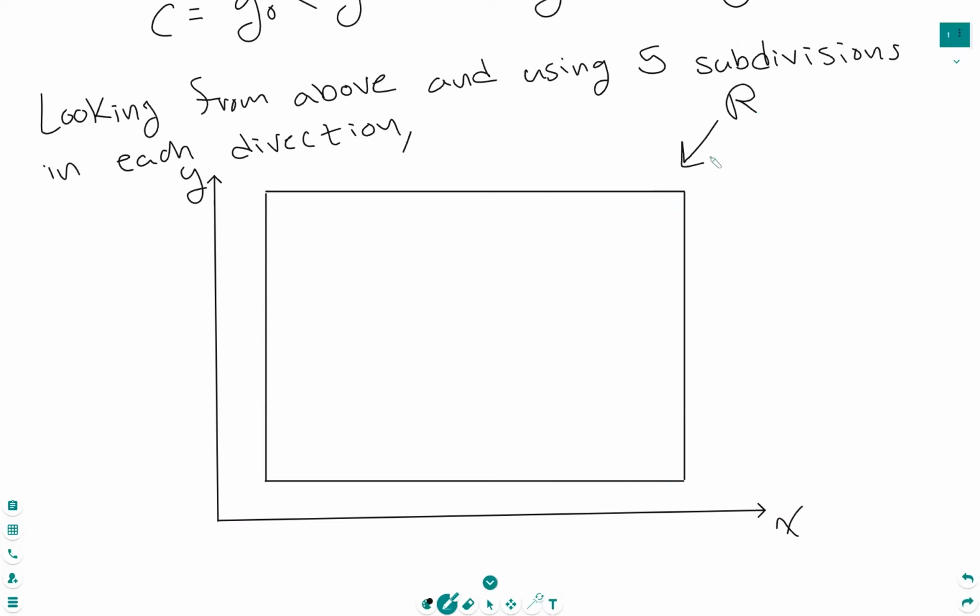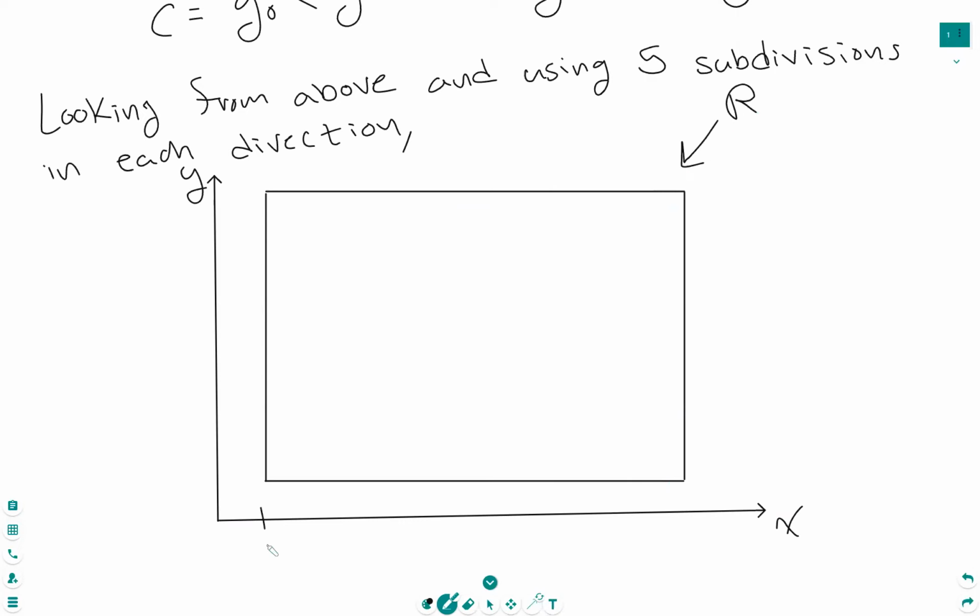So this is our block R, and we're going from A to B, as well as from C to D. But now we're subdividing in each direction. We're making 5 subintervals.